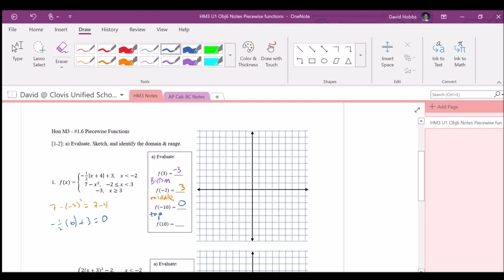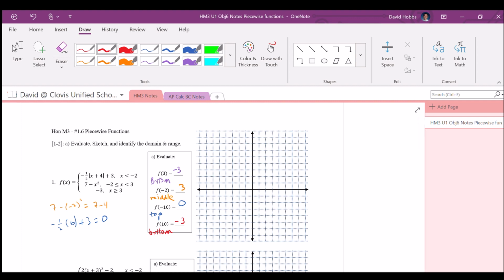Okay, finally, f of 10. And I think it's pretty easy to see that that is the bottom rule. And so f of 10 is negative 3. Okay, so we do need to be able to evaluate functions. And you got to pay attention to the domain restrictions on the different rules as to what's going on.